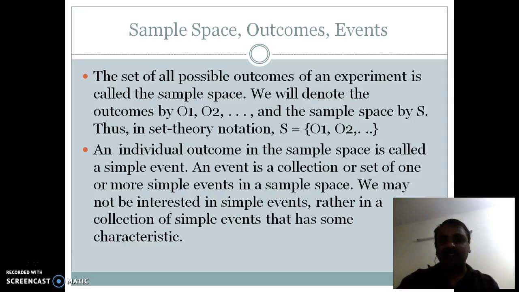An event is a collection or set of one or more simple events in a sample space. We may not be interested in simple events, rather in a collection of simple events that has some characteristic.